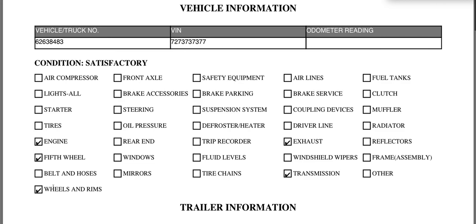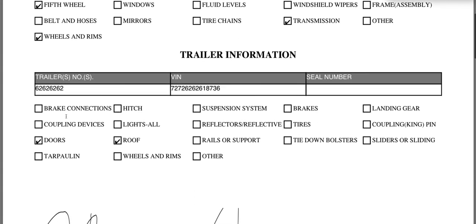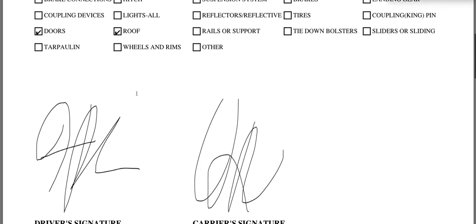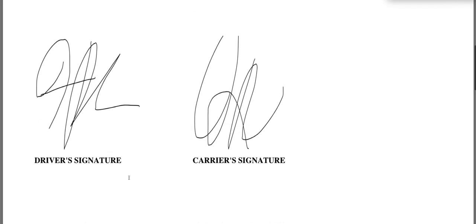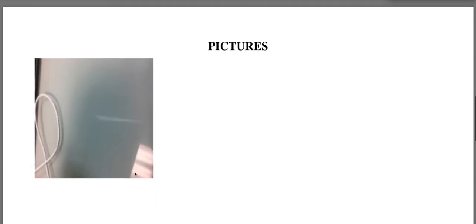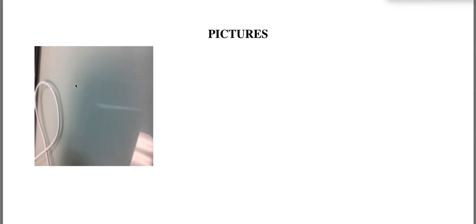He checked out a couple things that needed to be fixed. You have the trailer information, VIN number, carrier signature, driver signature, and this is just an example, but the driver could also take a picture of the deficiency and put it on the report.